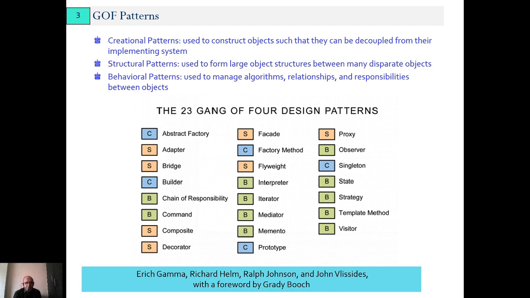For creational patterns, you remember A, B, C, and then F, S. Just see it: abstract factory, builder, then factory method, then prototype, then singleton, right?